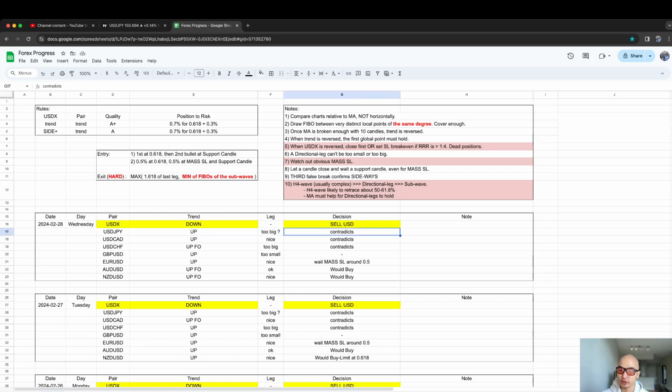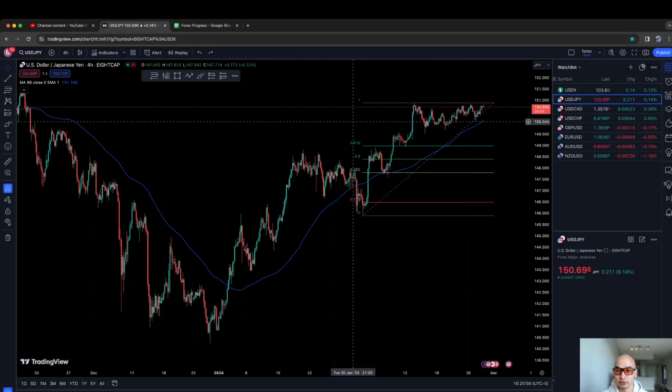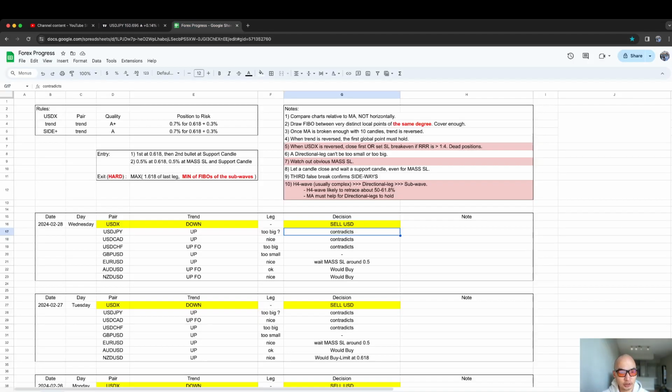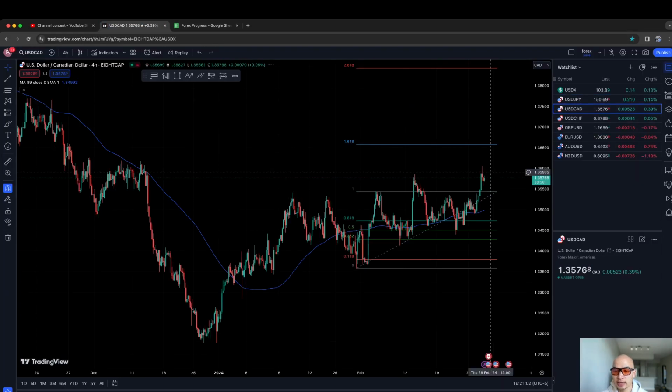So the two stories are conflicting, right? When we have a conflicting story, we don't have to force any trade. Since it's contradicting, I'm not going to trade USD Japanese yen.